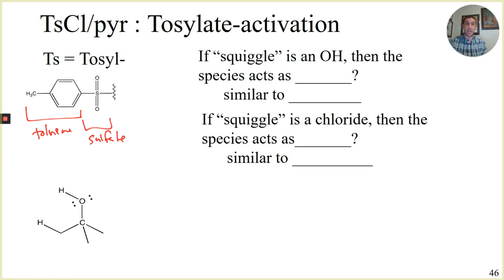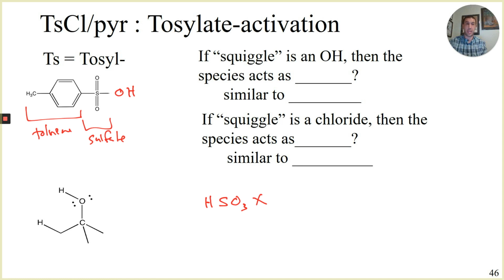Right? What I want you to do is look for patterns, because if you can find those patterns, that can help you predict something of the reactivity. So if we were to go through and reference that squiggle that I just erased, okay, and we made that an OH, right? What does that species act similarly to? Well, if we can recognize patterns behind this, what we're really seeing is we have a sulfur, we have 3 oxygens, and then we have some X group extra.